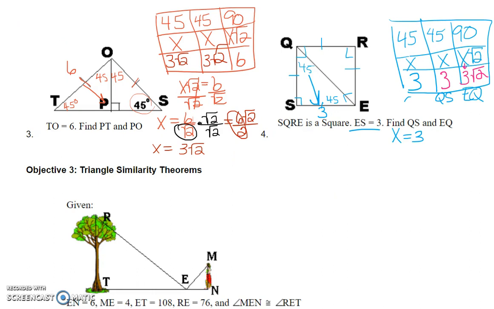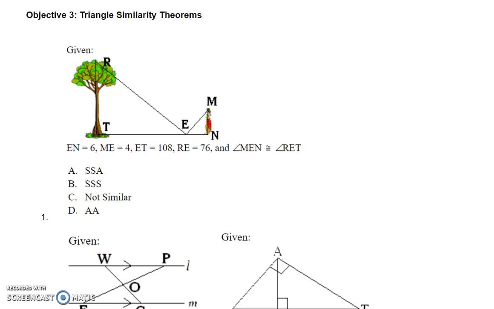Next, we have the similarity problems. Okay, similarity triangle theorems. We had 3 theorems: side, side, side; side, angle, side; and angle, angle. We have to show proportionality, that they have the same ratio on these two.